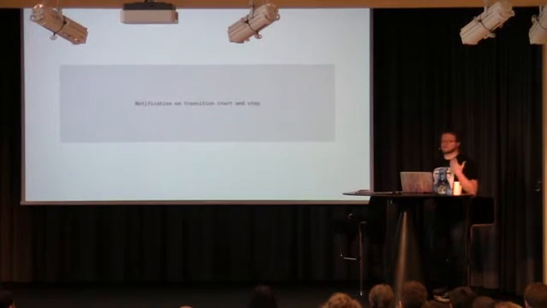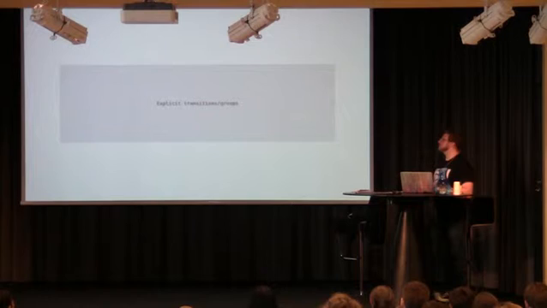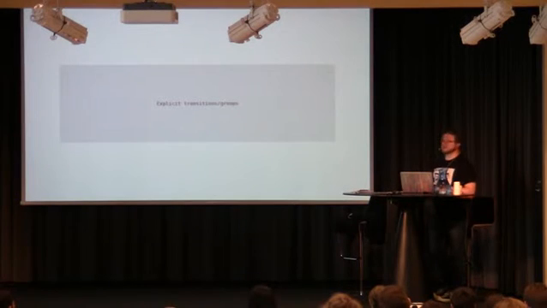And you get notification when the animation starts and stops. This one might not be... I'm still kind of trying to figure out if there is a good case for explicit transitions.